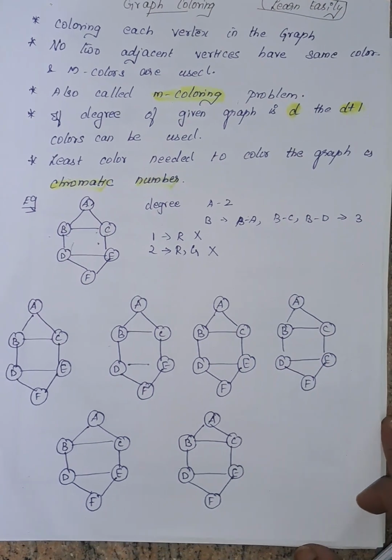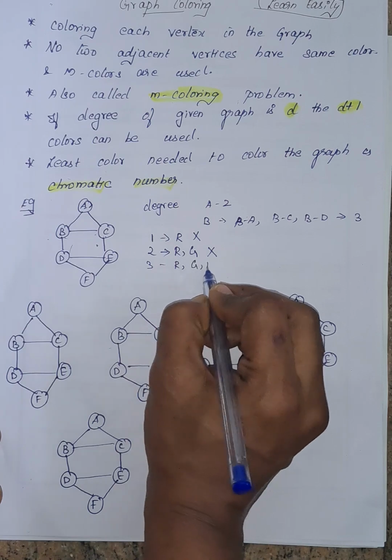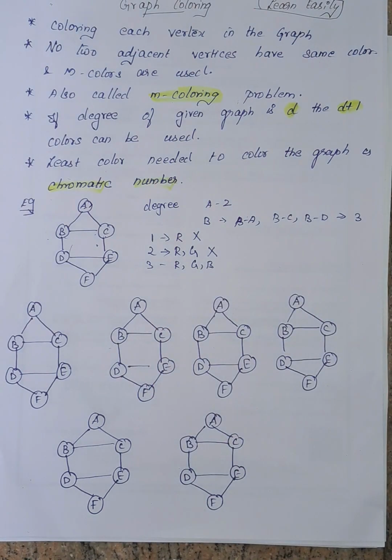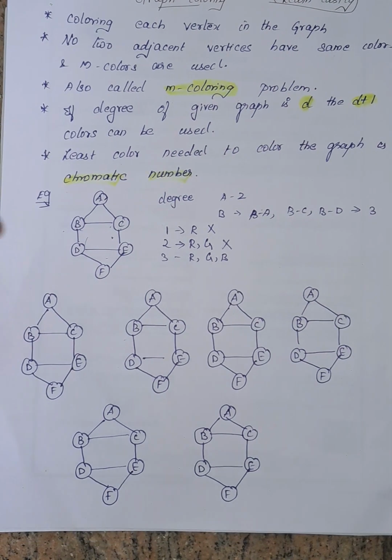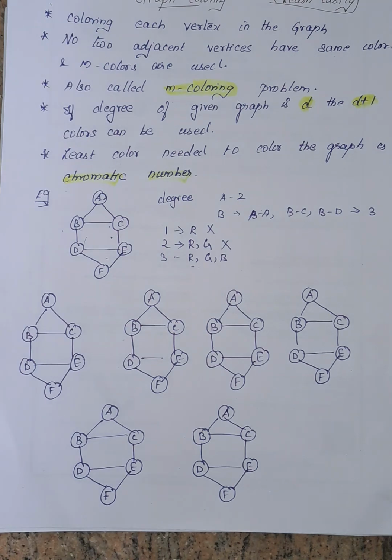So I may choose 3 colors now. Let it be red, green and blue. For assigning this, we have to check frequently the number of colors we are going to use. In the initial stage, we can assign any color. Not only red, green, blue, we can choose any color as we wish.